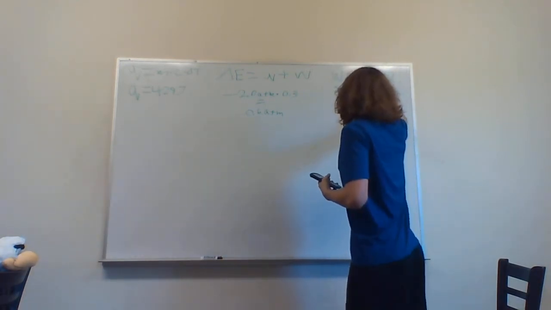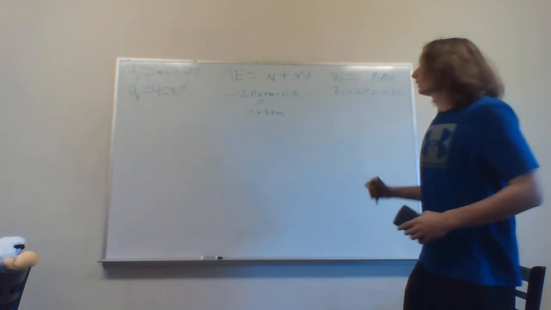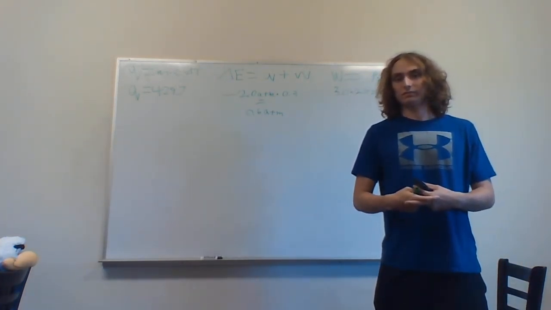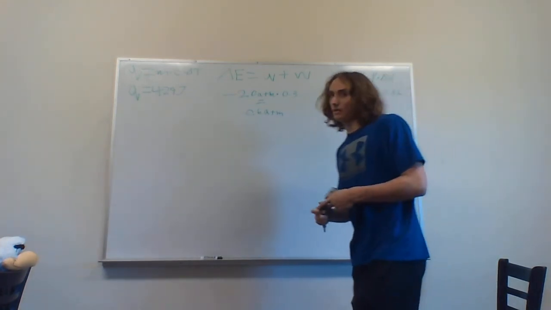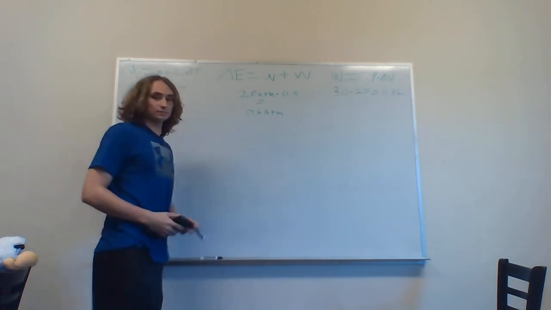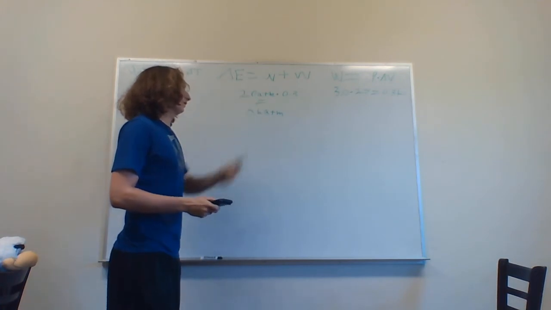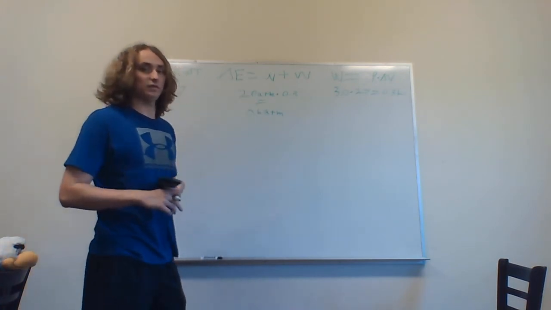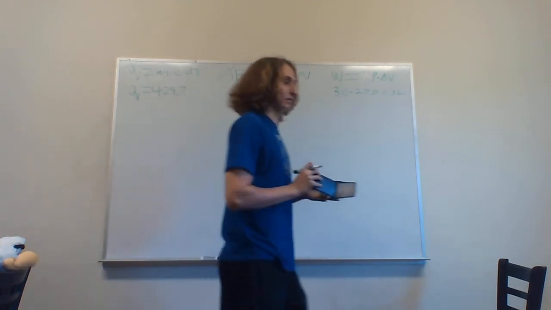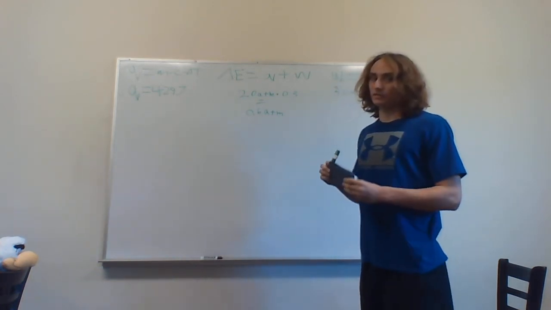Remember I said earlier how since work is being done onto the system, work is going to be positive. Well, P is going to be positive now because the gas is being compressed. That is my bad. So basically just erase the negatives, and we're left with 2.0 times 0.3 equals 0.6 atm times liters. I'll say it again: what makes work positive in this case is that the gas is compressed.